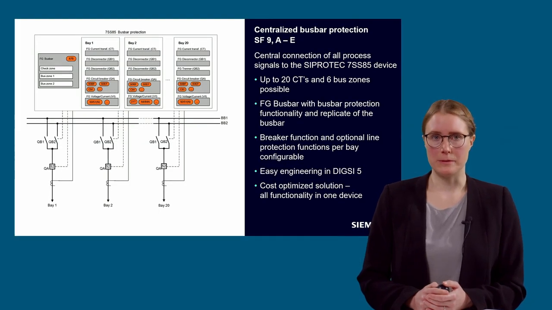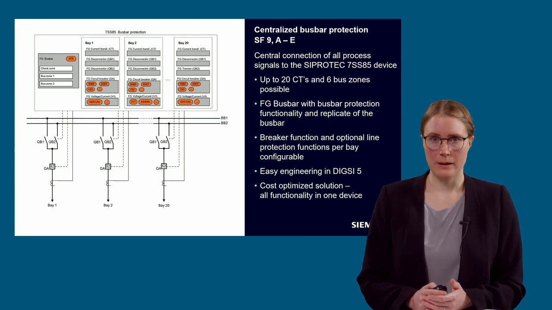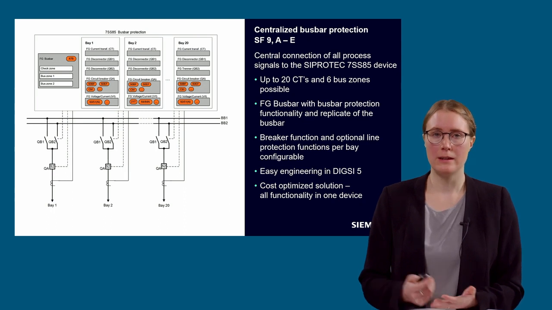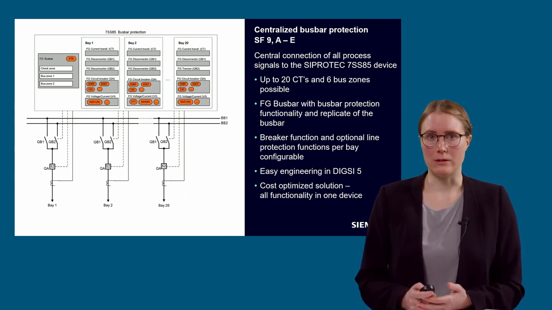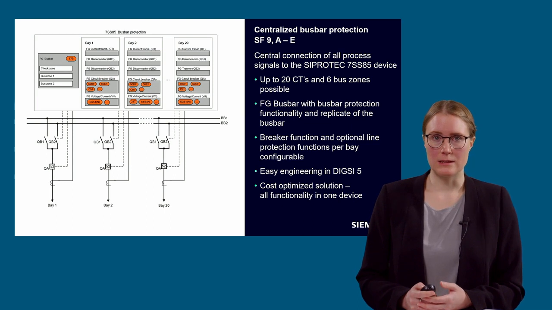In the function group circuit breaker, some additional functionalities like the circuit breaker failure protection or end fault protection are included. The engineering process in DIGSI 5 is to draw the single line diagram as it is shown here, create the 7SS85 with all these function groups, elements and functions you want to use, and then connect them to the elements in the single line editor.